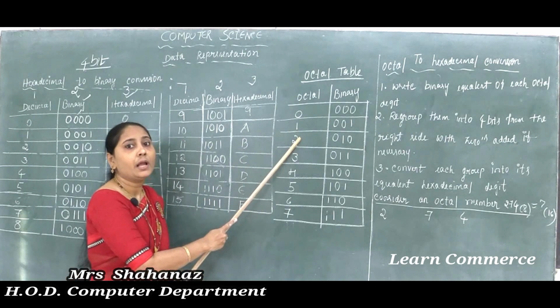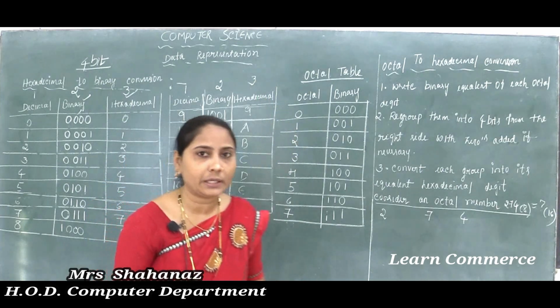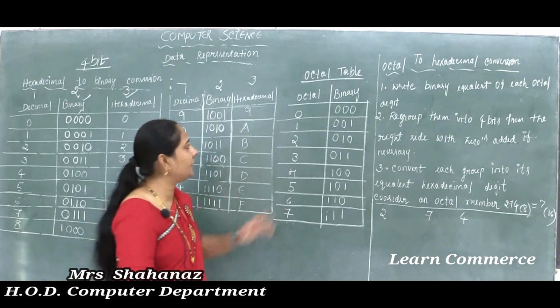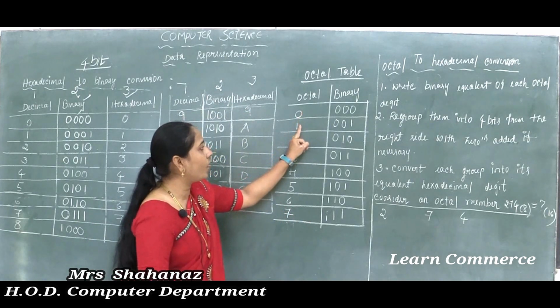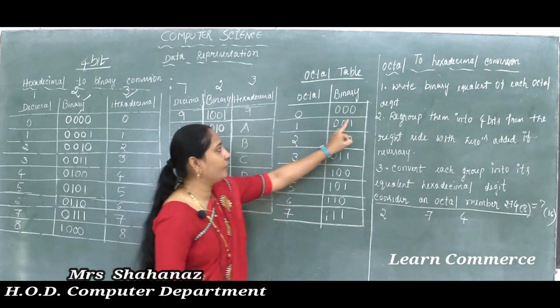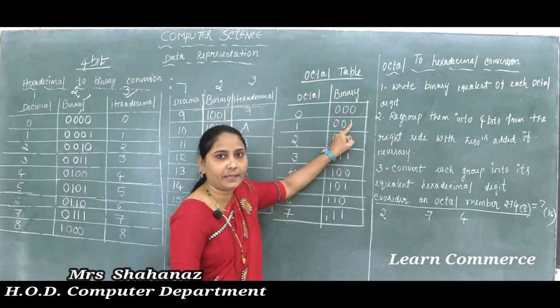We already know how to use the octal table. The octal digits contain totally 8 digits: 0, 1, 2, 3, 4, 5, 6, 7, and each is equivalent to a 3-bit binary number.